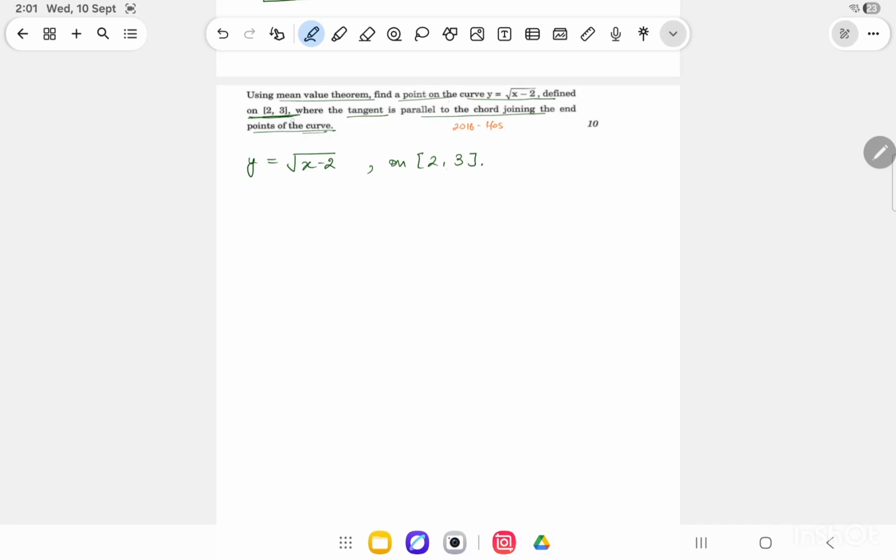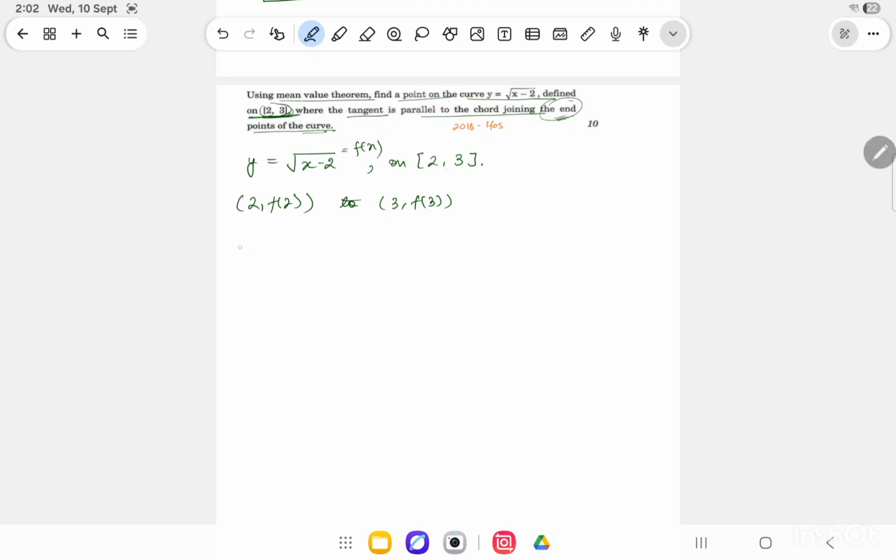That is, the chord joining f(2) to f(3) is parallel to the tangent at this curve. This is basically the geometric interpretation of the mean value theorem, that is the point C which we get using the mean value theorem is a point at which the tangent is parallel to the chord.